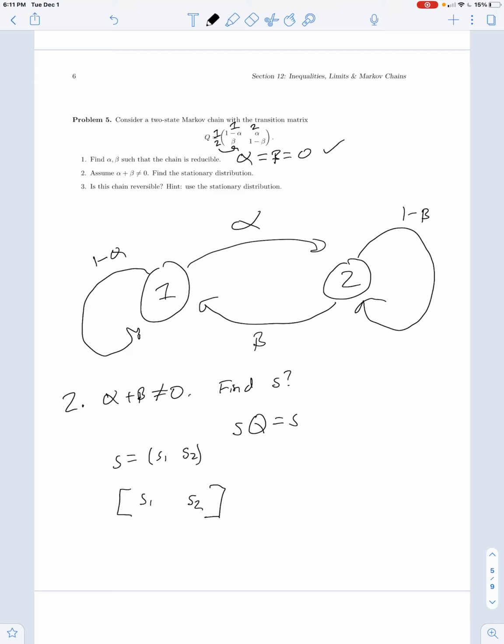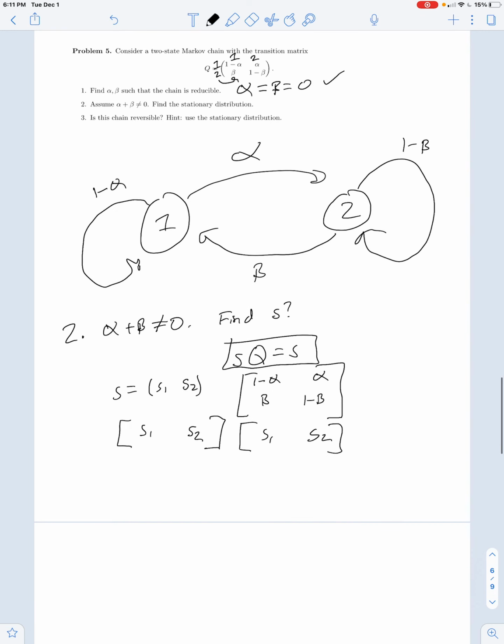If I write down S1 and S2, and I have Q, which is 1 minus alpha, alpha, beta, 1 minus beta, then this must equal S1 and S2, because I know that this equation holds.